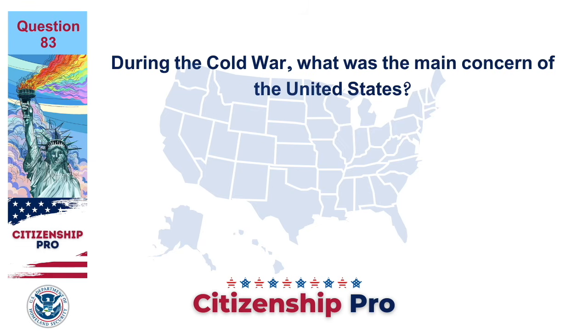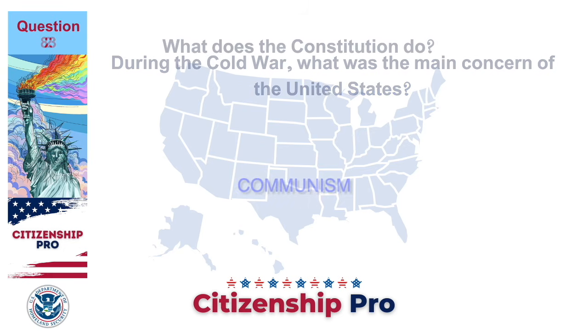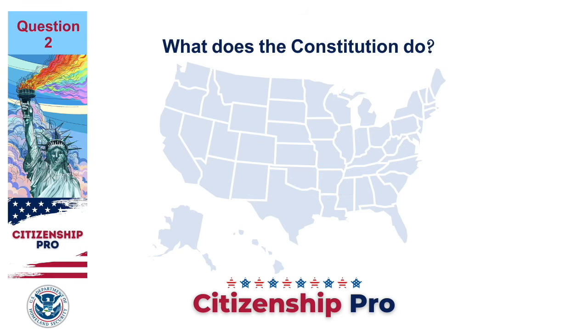During the Cold War, what was the main concern of the United States? Communism. What does the Constitution do? Sets up the government.